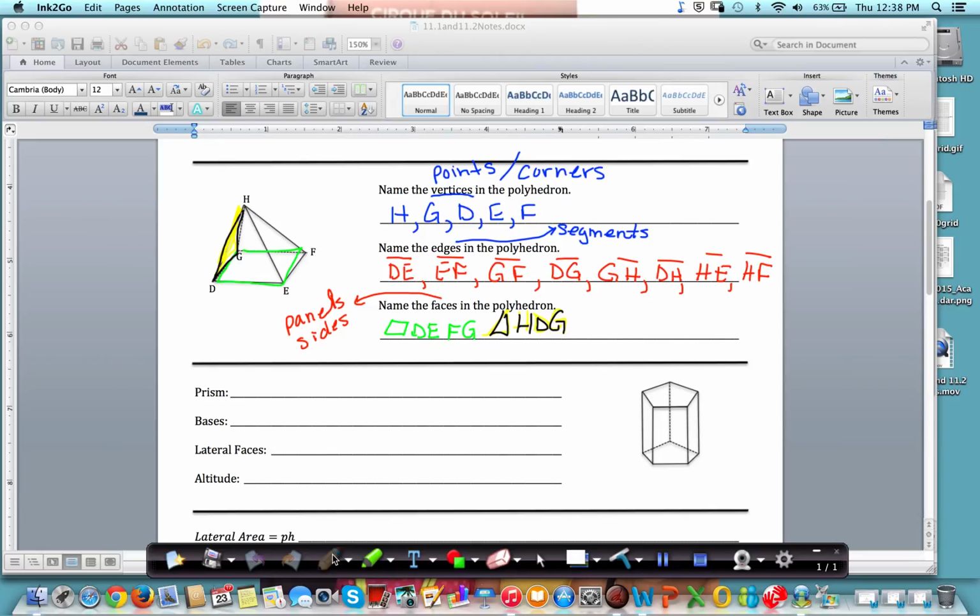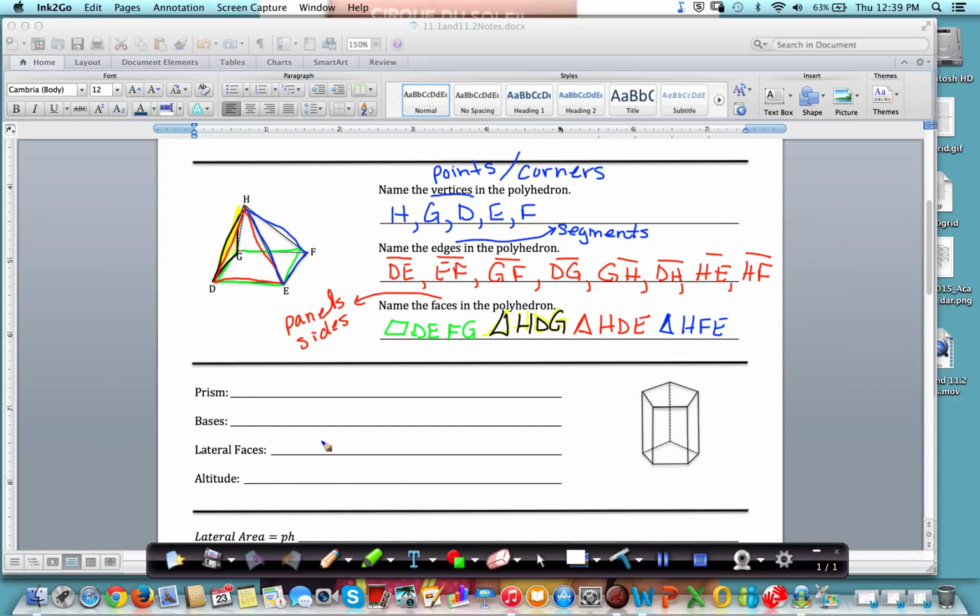And then we've also got other sides. We have this front one, HDE, that's also a triangle. So I have the left face and the front face. Now I'm going to do the right face, HFE, that's also a triangle.